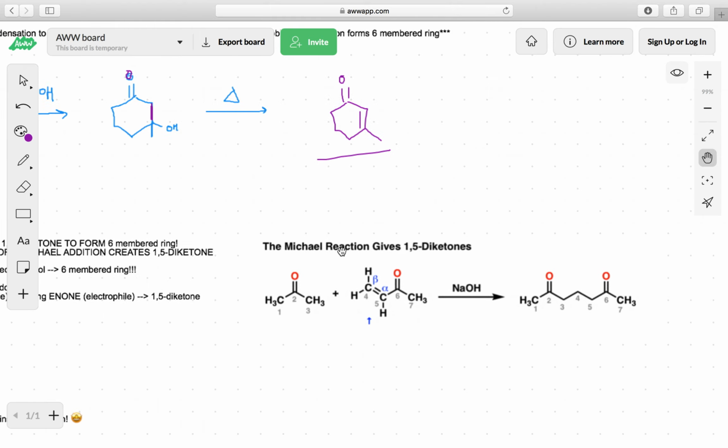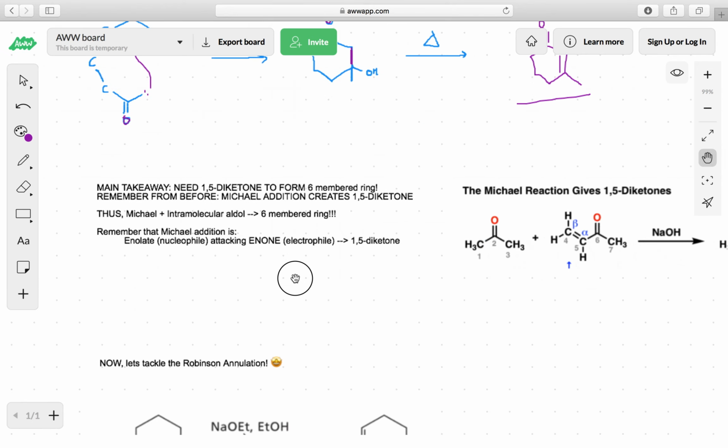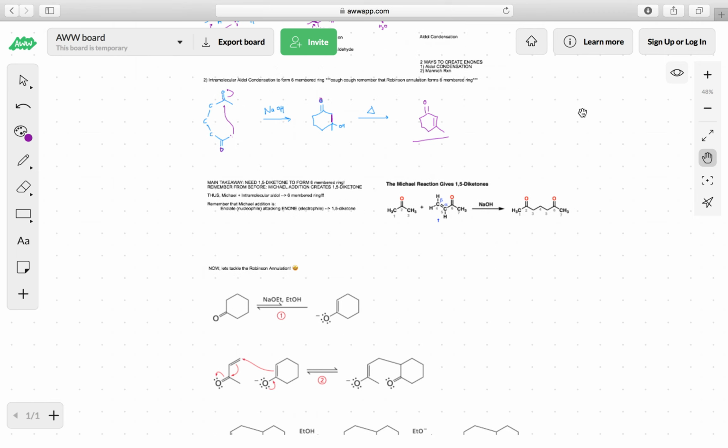And let's just quickly review what the Michael addition is. The Michael addition is when you have an enone and you have our nucleophile over here from the enolate. It's going to attack the 4th carbon and it's going to form a 1, 2, 3, 4, 5 carbon diketone. So let's now go into what the mechanism looks like for a Robinson annulation.